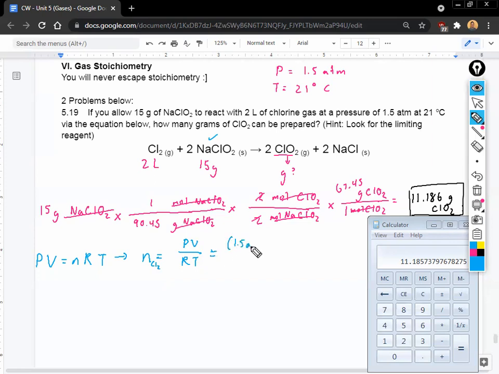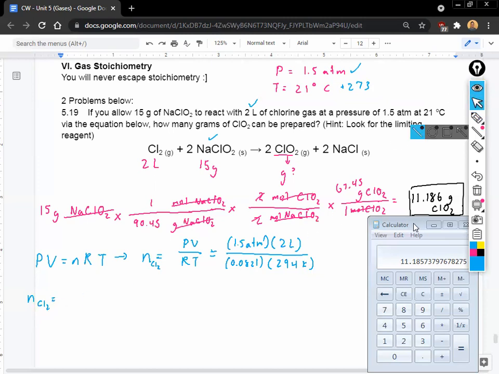We have 1.5 atm for the pressure. That's from right here. We have the volume, which is 2 liters. We got that right here. Then divided by the R value, the gas constant, which is 0.0821. And then the temperature is 21 degrees Celsius, but we need to add 273. So that's going to give us 294 Kelvin. And from there, we can calculate the moles of Cl2.